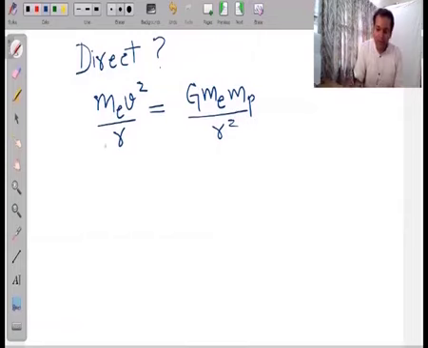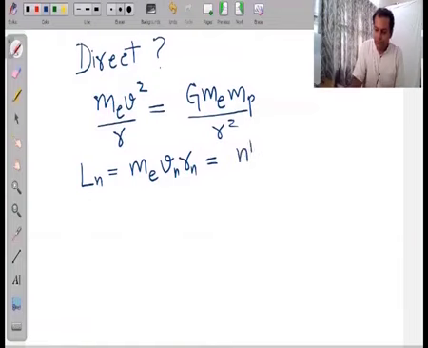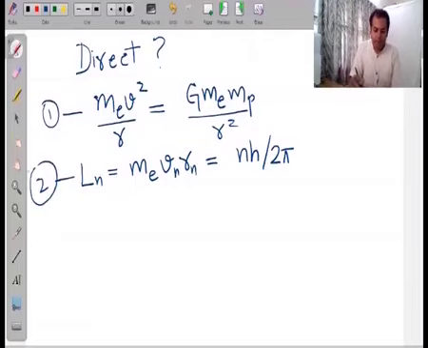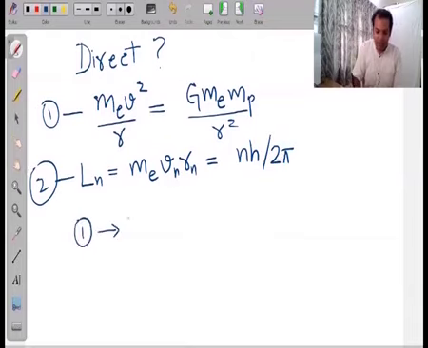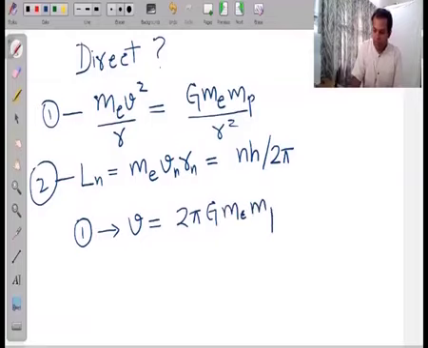There is an attractive force, and then there is a force which is sending it out. When you compare this, you have another expression, which is your Bohr's quantization condition. And so these are the two expressions which are available with me. I can solve the first one, and from one I will get V is equal to 2 pi G mass of electron, mass of proton divided by NH.